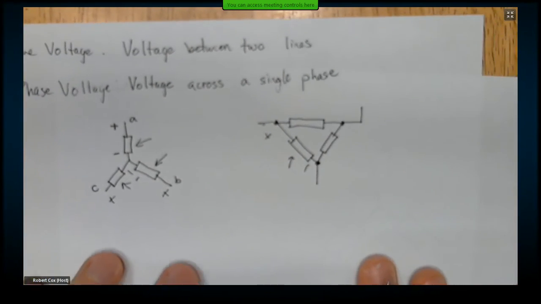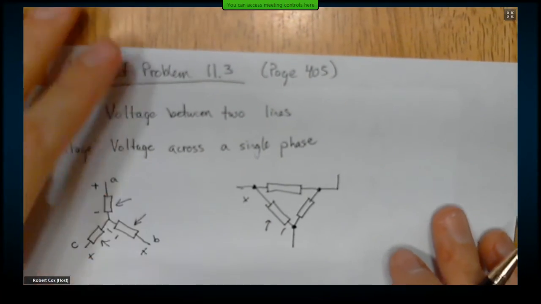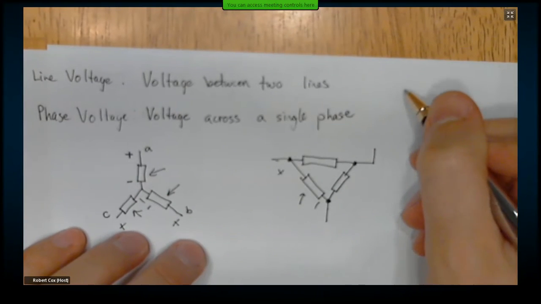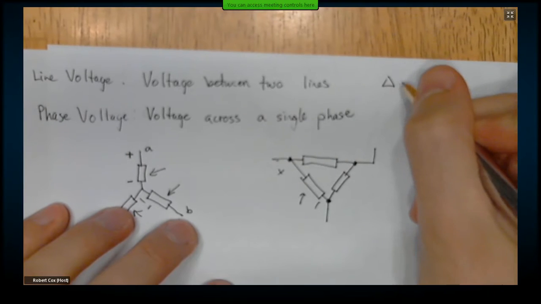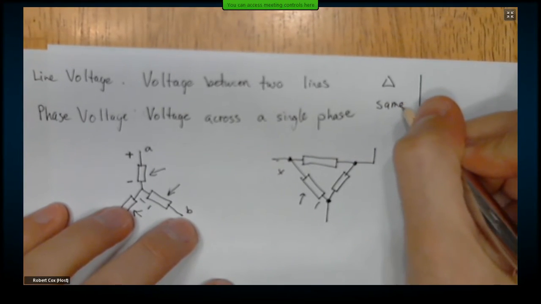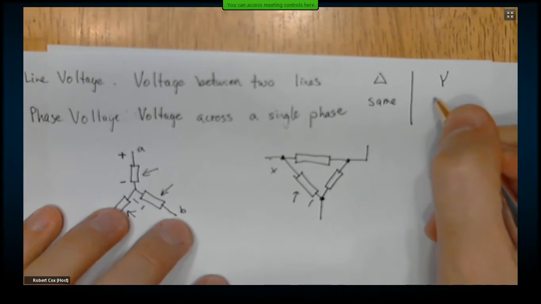So maybe here's how I should write this. In a delta circuit, the line voltage and the phase voltage are the same. In a Y, they're different.